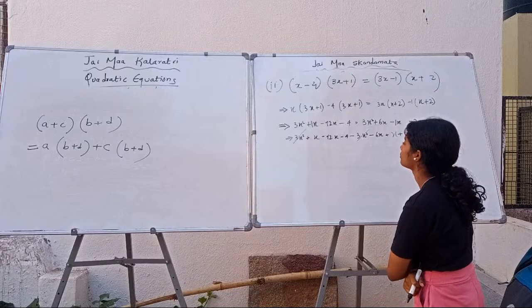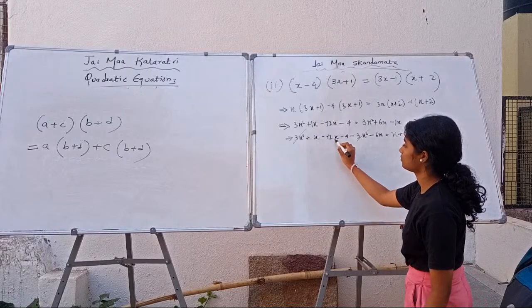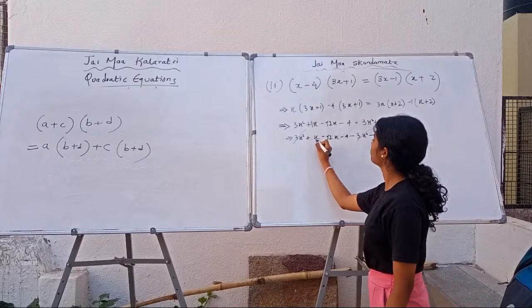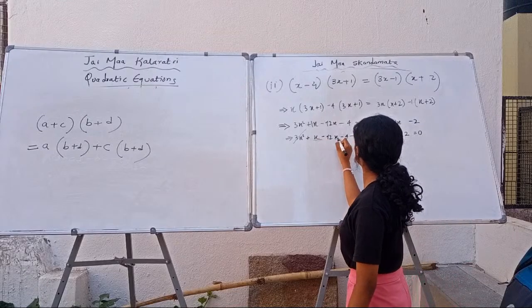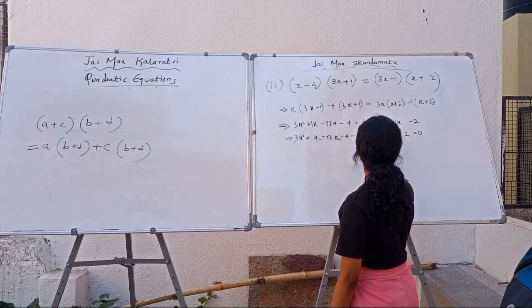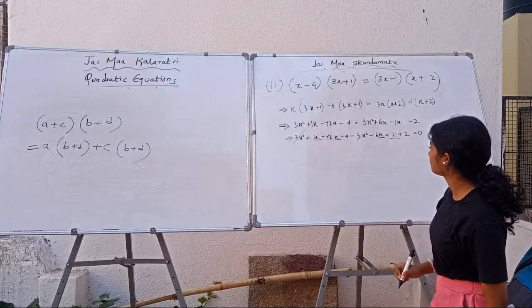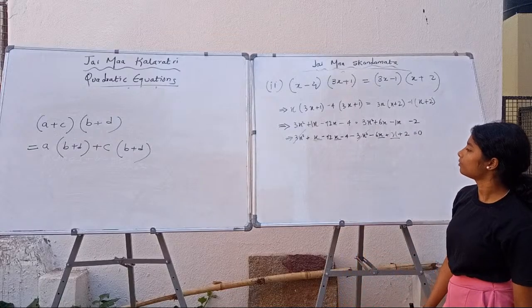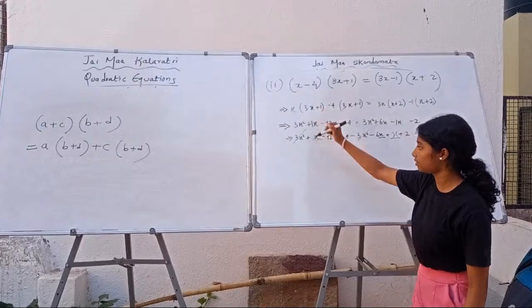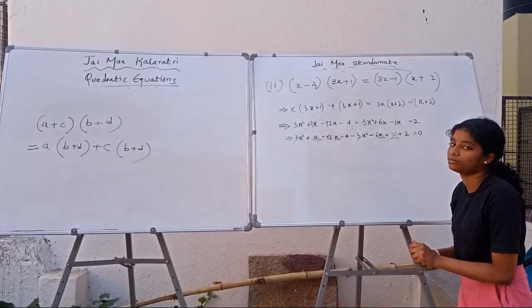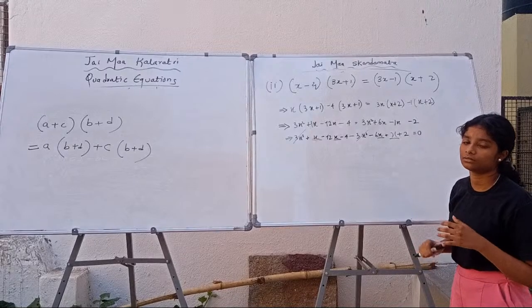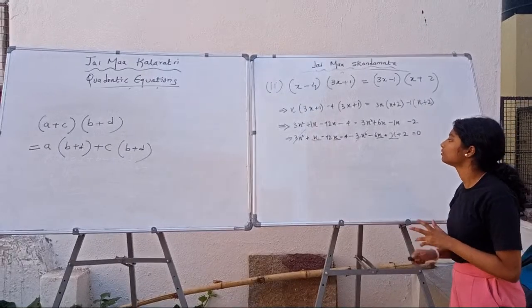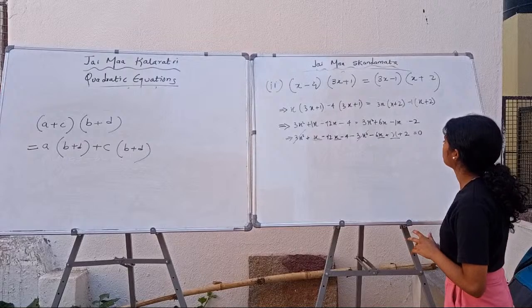Where do you see all the x? Just underline it so that we also can see. 1, 2. When you add all of them, what will happen? This is 1. 1 minus 12, minus 11. Next, minus 11, minus 6.